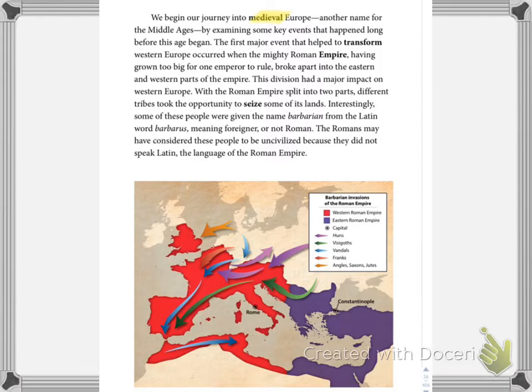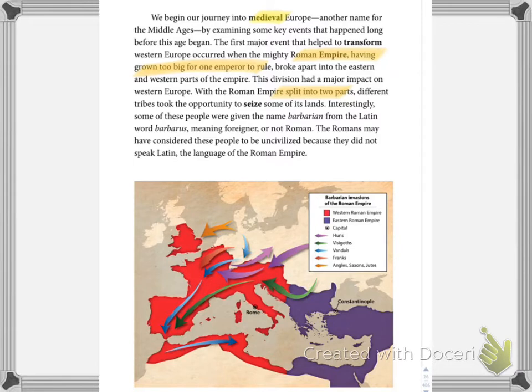So I just read to you the first major event that helped transform Western Europe and lead to the Middle Ages. And hopefully you remember from third grade that the Roman Empire grew too big for one emperor to rule. So it split into two parts. That split into two parts was an event that led to the Middle Ages. And we can look at the map.